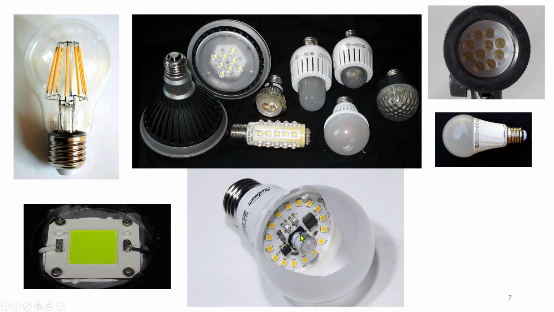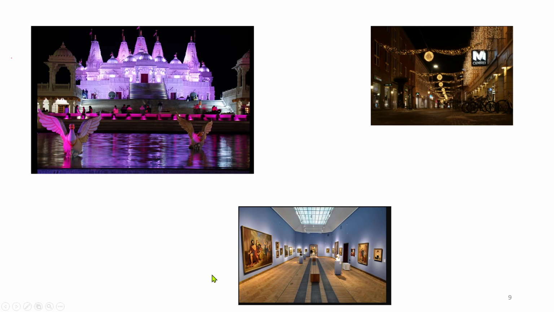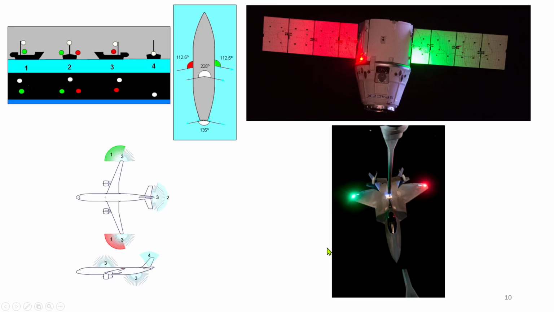Now, let's talk about one of the most common components in the world, LEDs. We can find LEDs everywhere in our lives. We can find them in our homes, in our TV and TV remote controller, and in buildings. We can also find them in aviation, aeronautics, robotics, and also when we build a satellite.